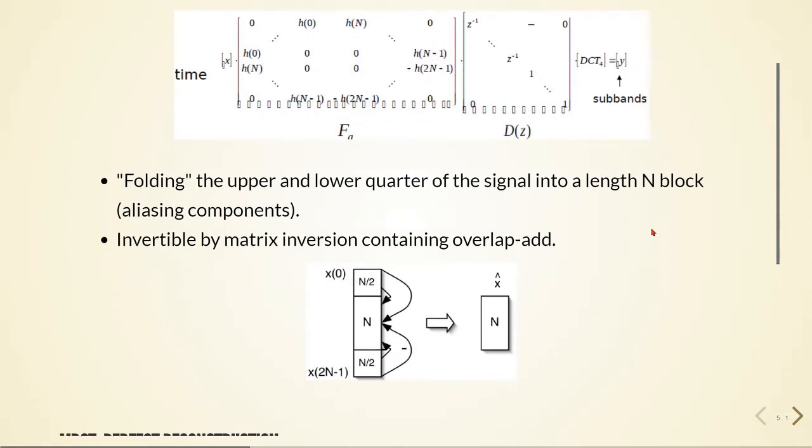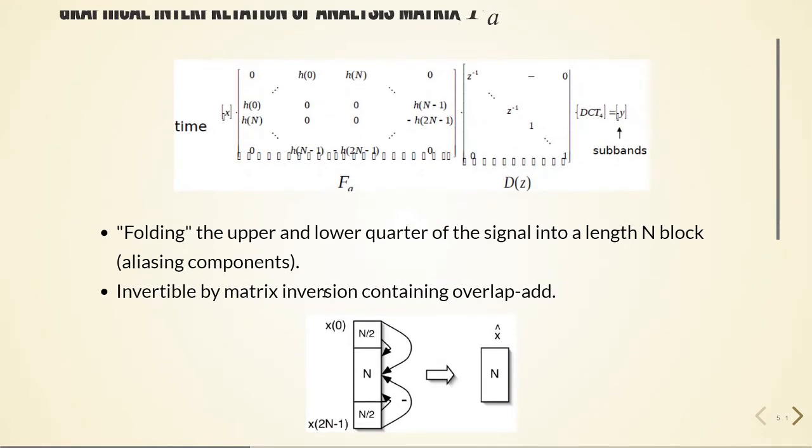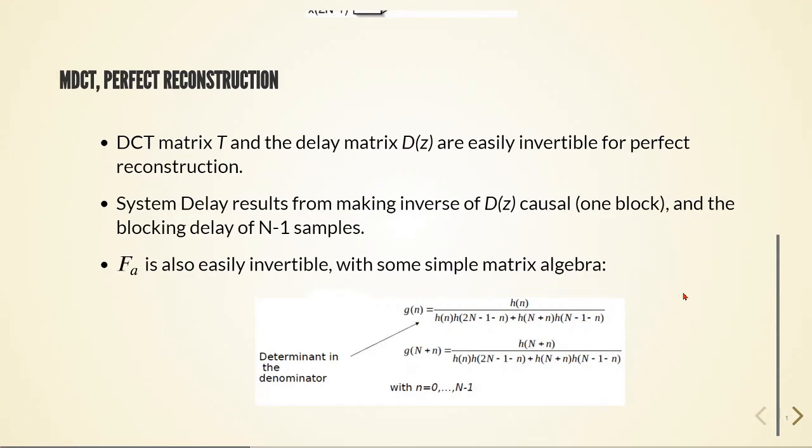For perfect reconstruction, we see that the DCT matrix T and the delay matrix D(z) are easily invertible. The system delay results from making the inverse of D(z) causal, one block, and the blocking delay of capital N minus 1 samples.